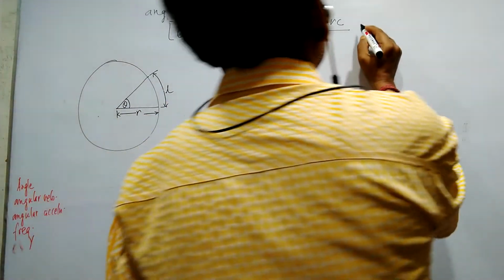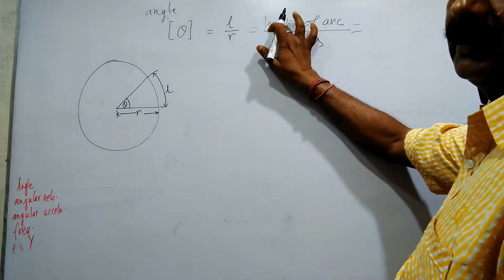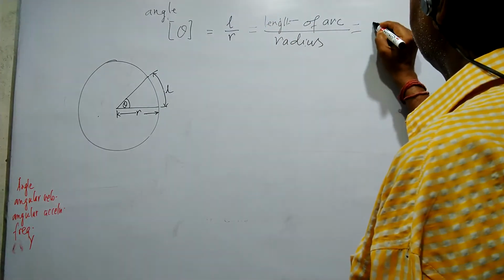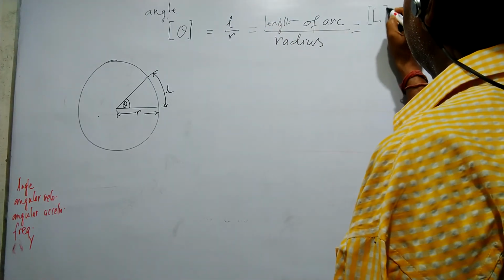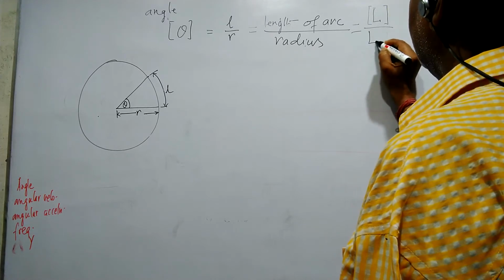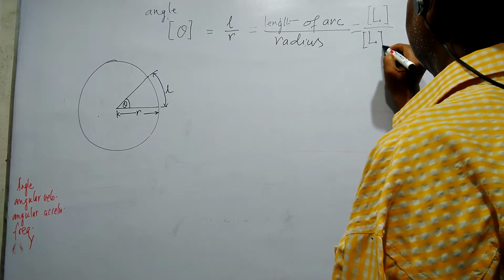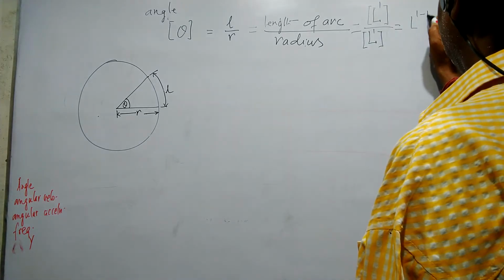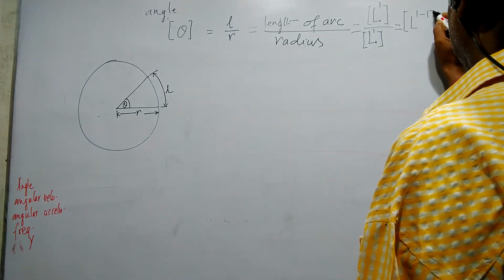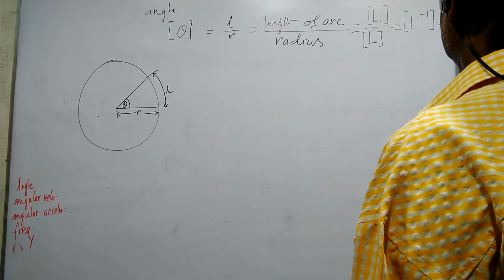What is L here? L is length, and radius is also length. The power is 1, then the power is 1 minus 1, that is L to the power 0.